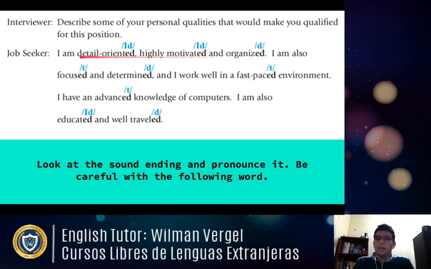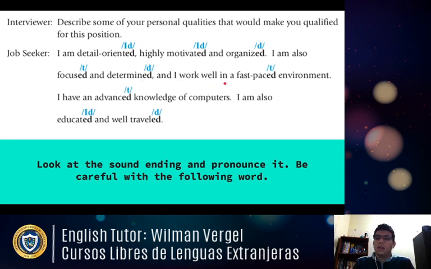It says, I'm also focused. In this case, it's T because here we have an S sound. We say focused, and determined. In this case, it's D because we have the N sound, and the N sound is voiced, which means that it vibrates.